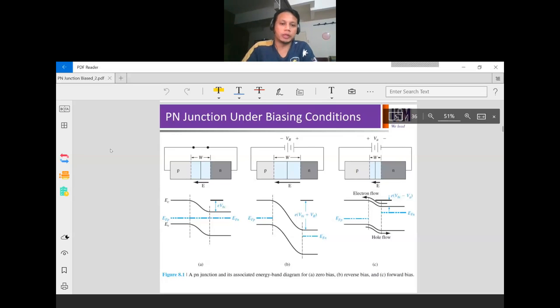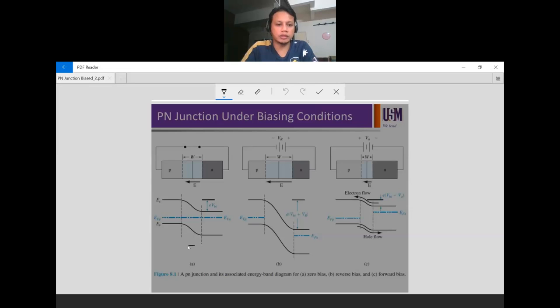This one, on the left, is at thermal equilibrium, and these two, the center and the right part, are when you apply the bias.